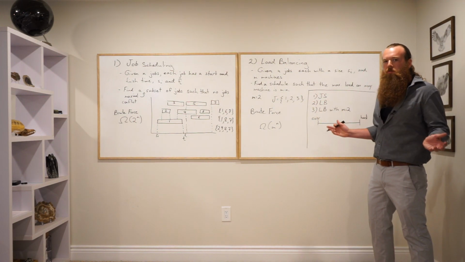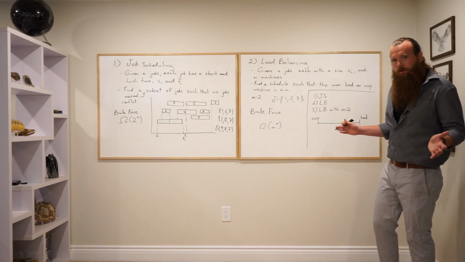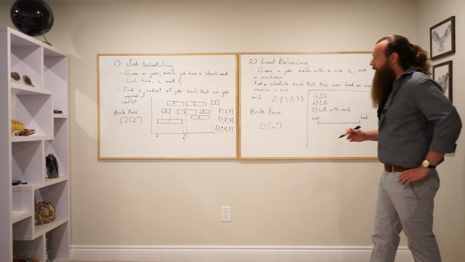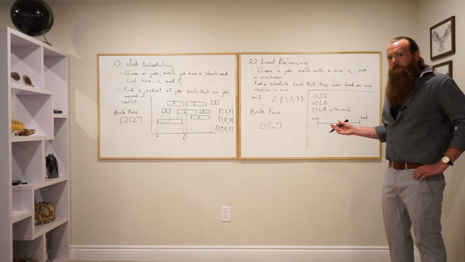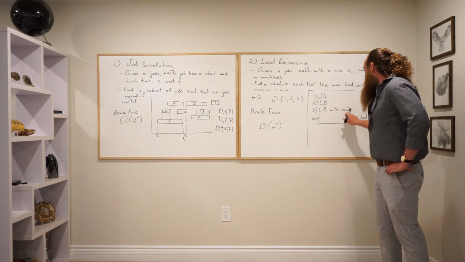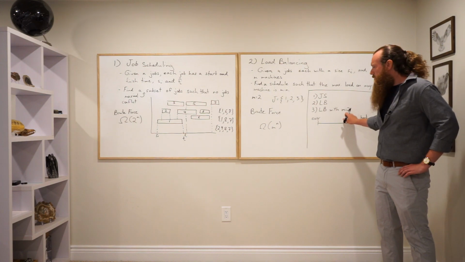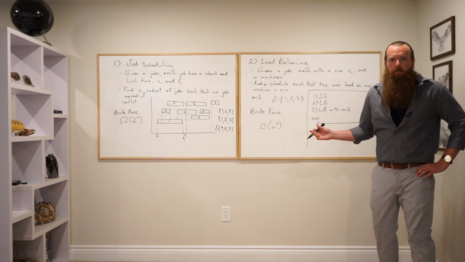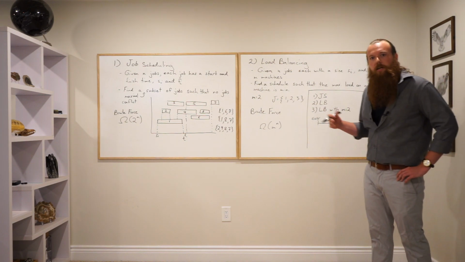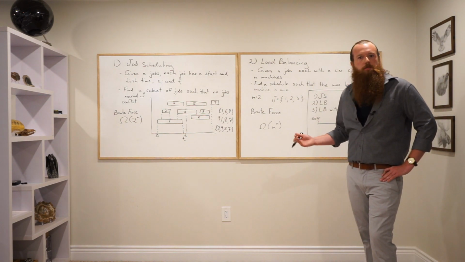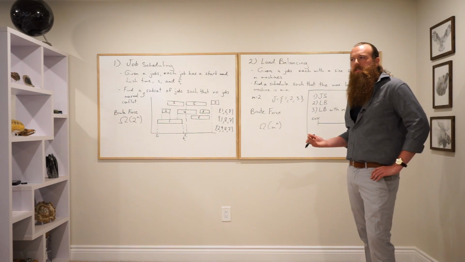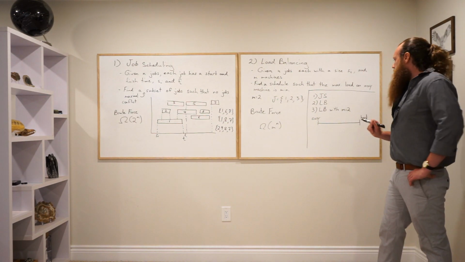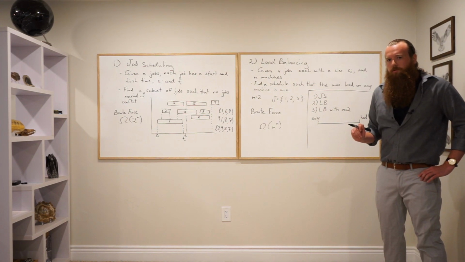Now, there should be 2 problems that are easy to order, relatively right off the bat. I think it's a strong argument to say that load balancing with m equal to 2 is going to be an easier problem to solve than load balancing with general m. With general m, there could be 100 machines, 1,000 machines, 1 billion machines. It's probably going to be easier to cope with if m equals 2.